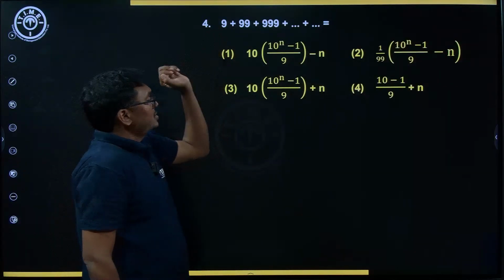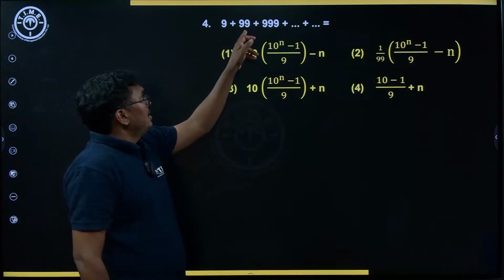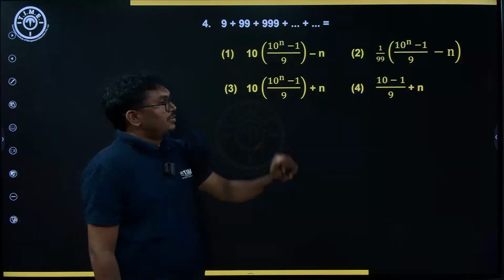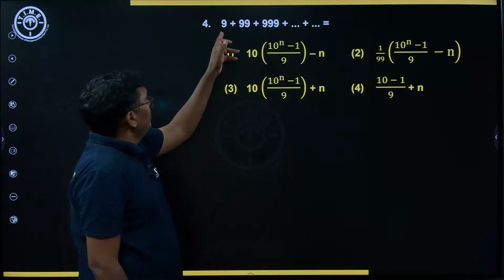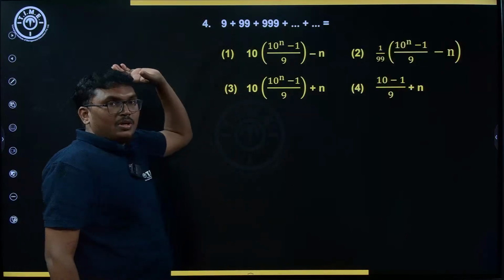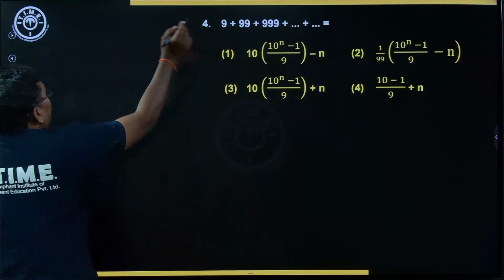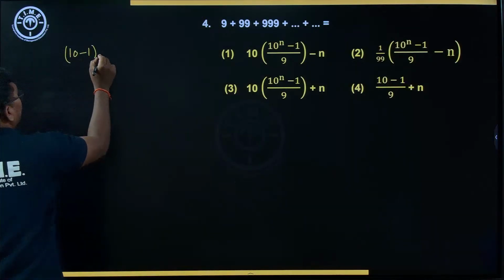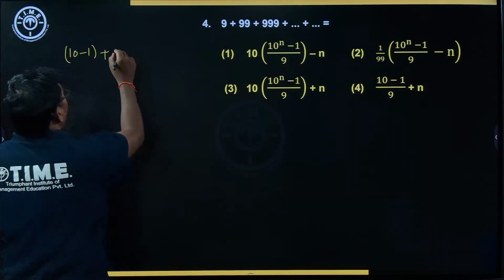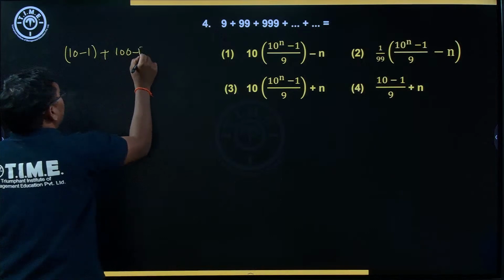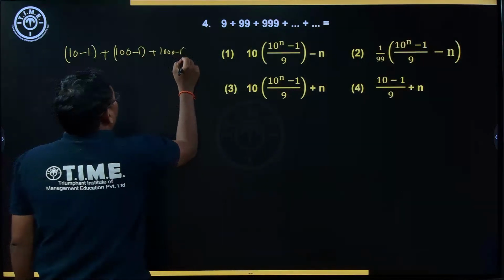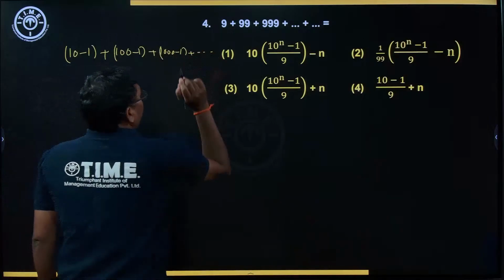So 9 is 10 minus 1, and this is 100 minus 1, this is 1000 minus 1. So we can represent this in powers of 10. That means 9 can be written as 10 minus 1, and next 100 minus 1 plus 1000 minus 1, and so on.